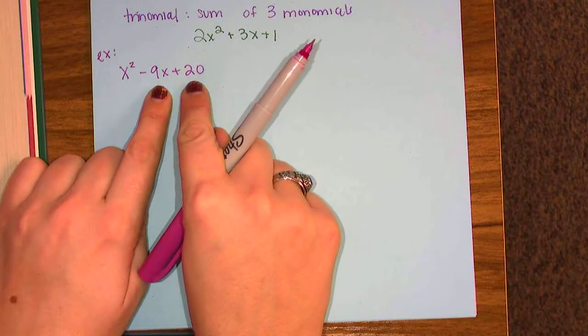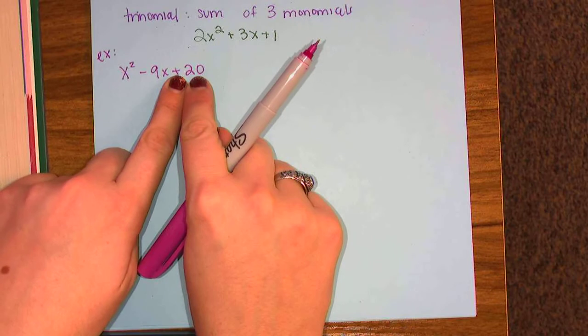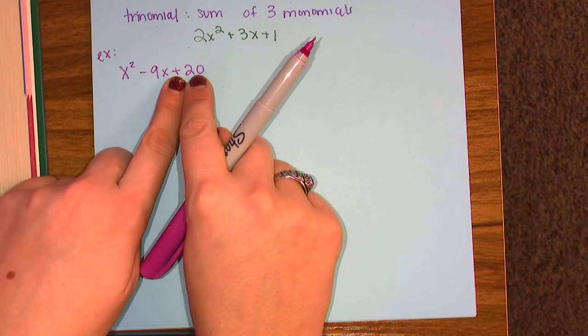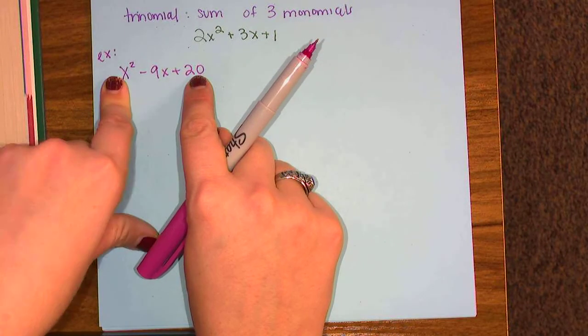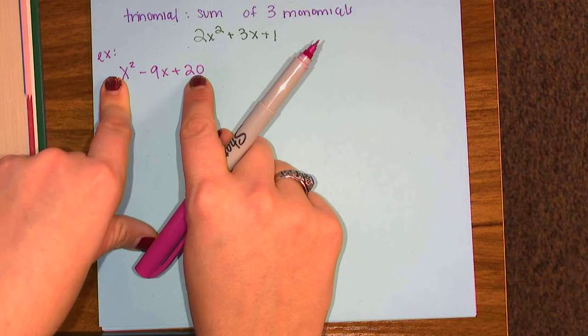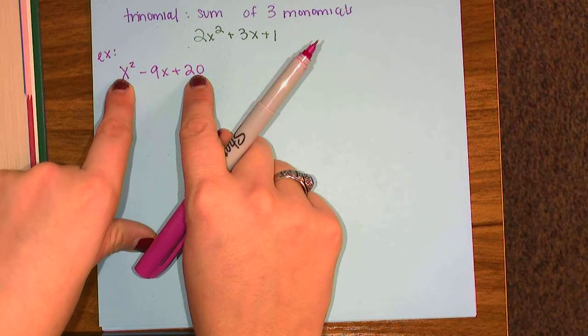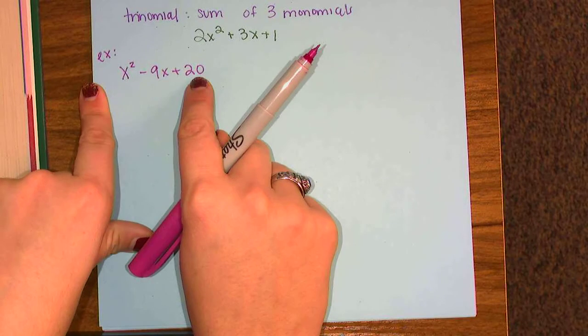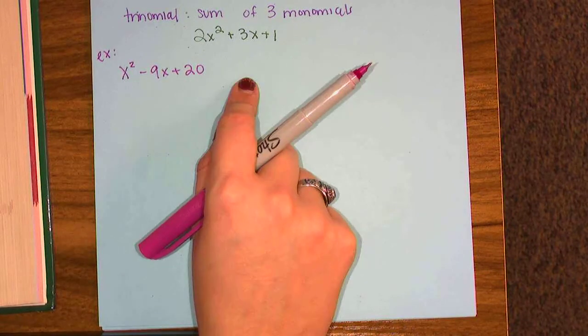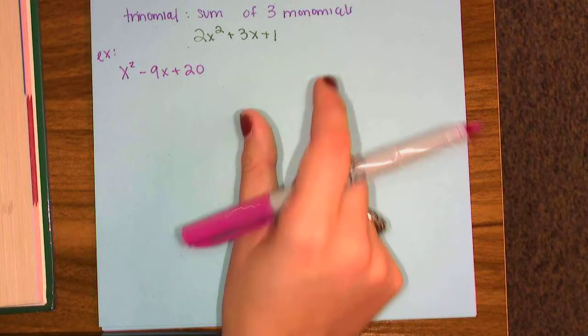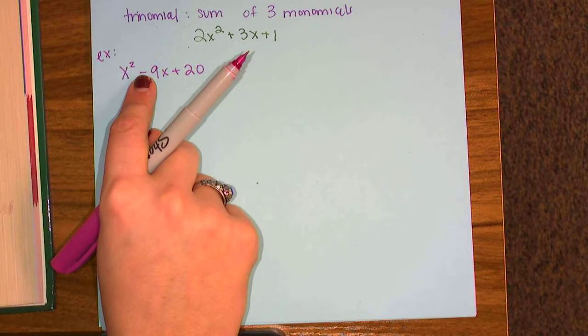With this, you're going to split this into its factors, and you need to figure out what combination of those numbers adds together to give you negative 9, or subtracts.